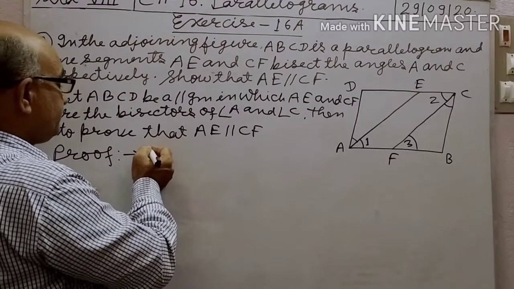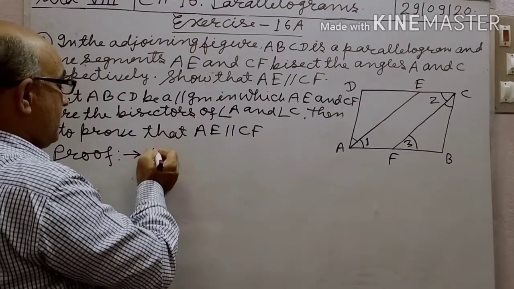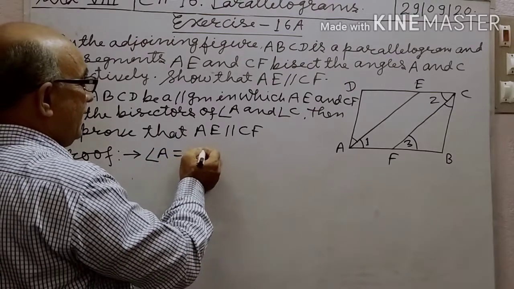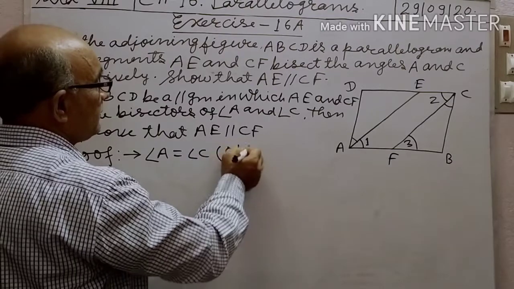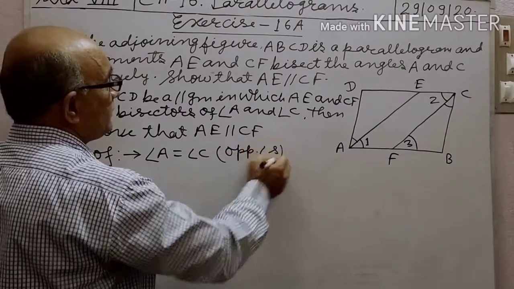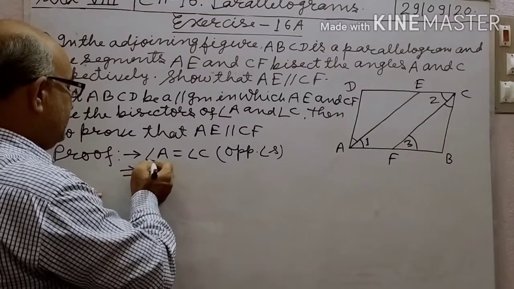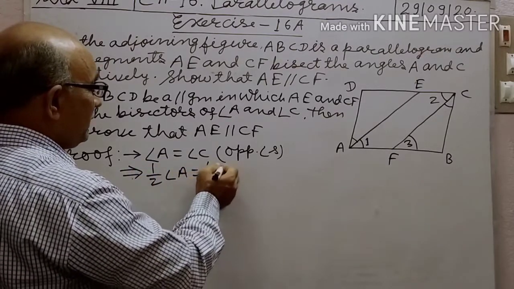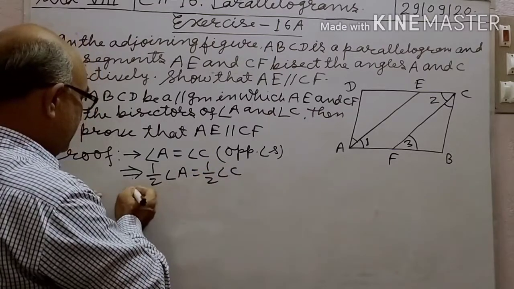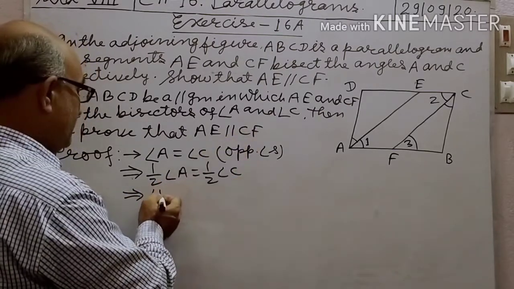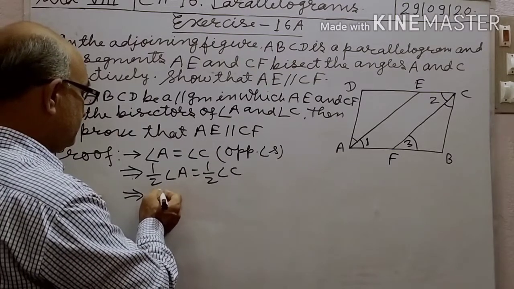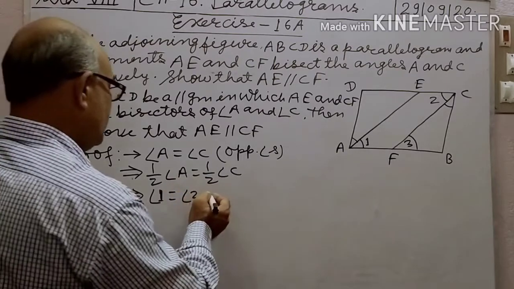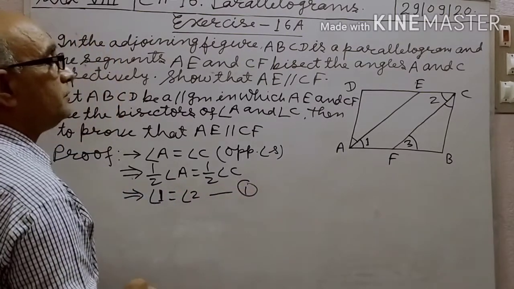Proof: angle A equals angle C, opposite angles. That implies half angle A equals half angle C. That implies half angle A equals angle 1 and half angle C equals angle 2. Equation 1.